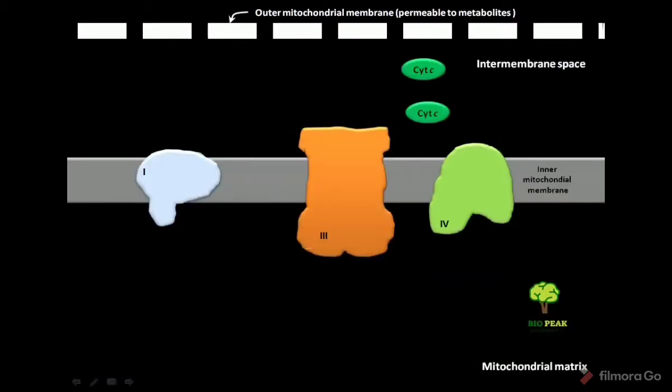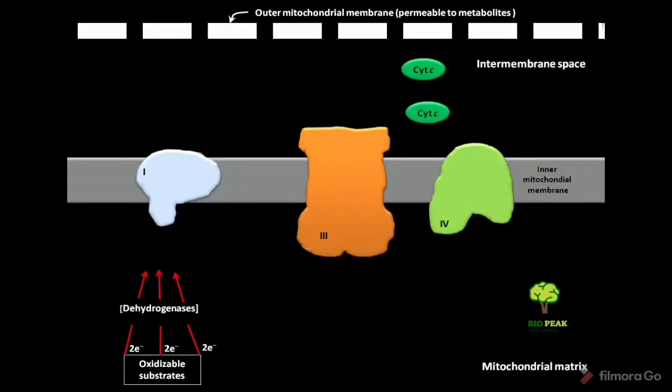In the mitochondrial matrix, the oxidizable substrates from various steps of reactions release electrons in the presence of dehydrogenases to form NADH.